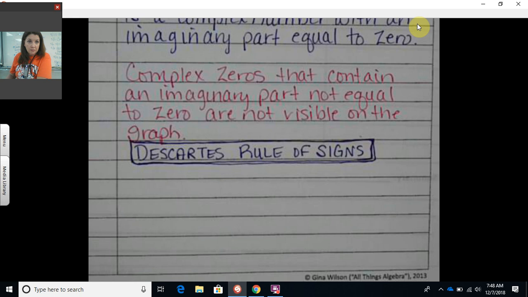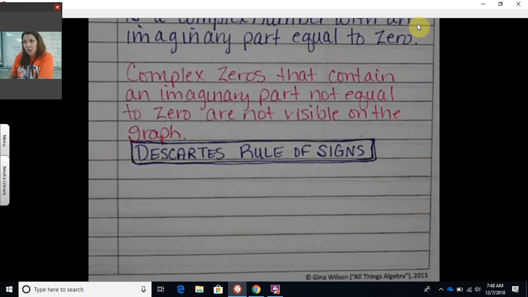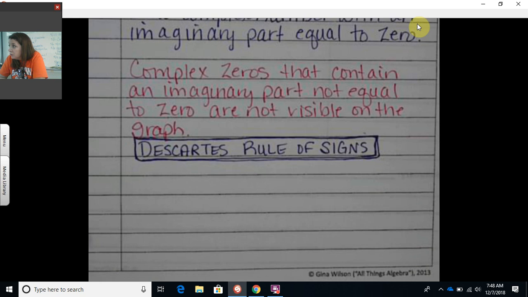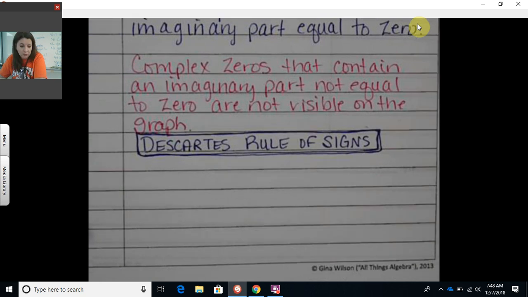Kind of looks like Descartes' rule of signs. I've always heard it pronounced Descartes' rule of signs. I'm sure people did pronounce it different ways, but that's how I've always heard it pronounced.